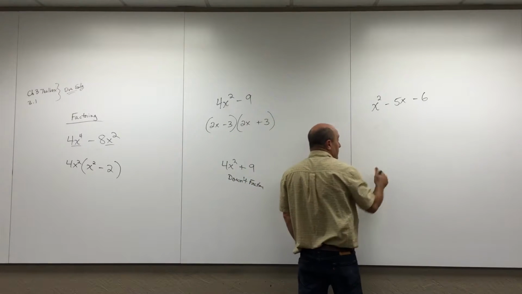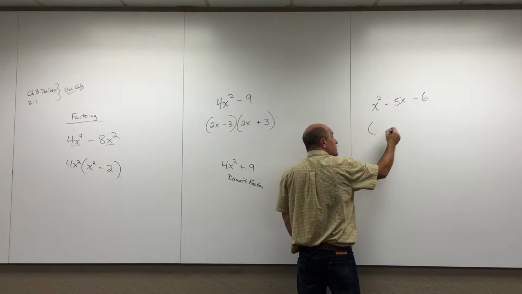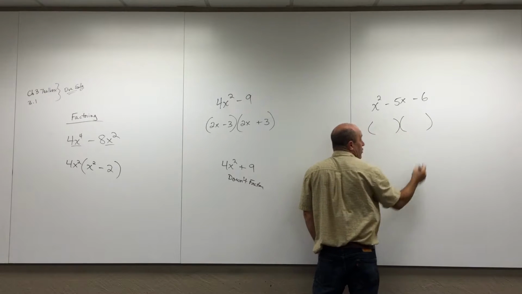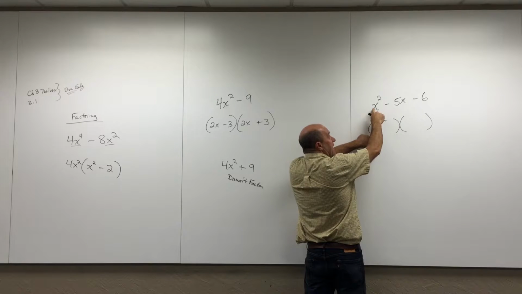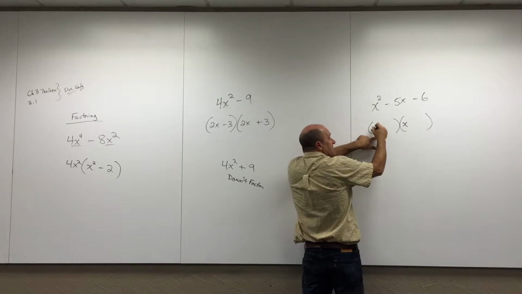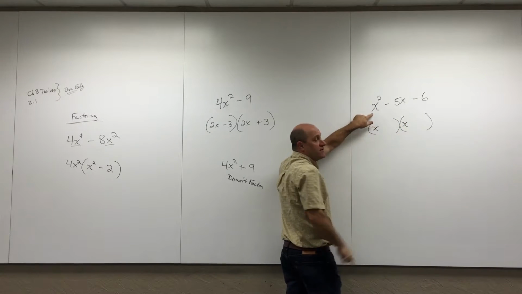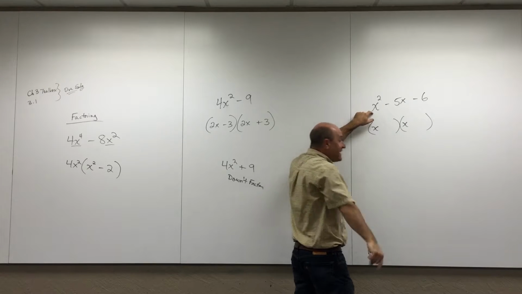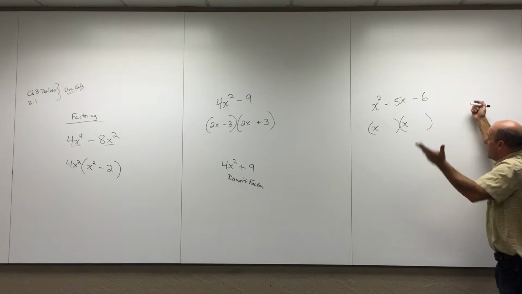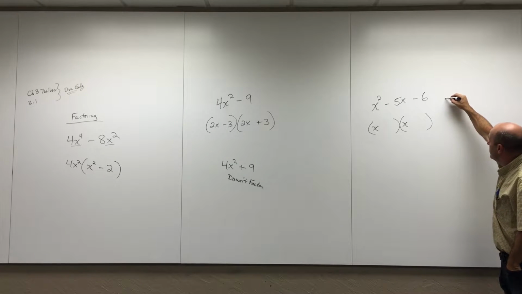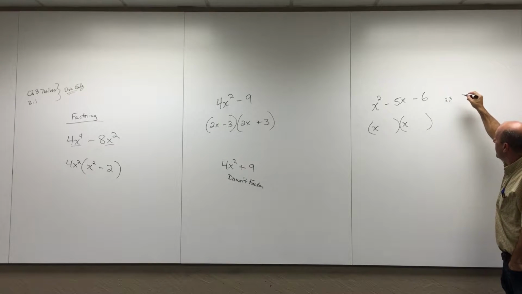But some of them do, and it factors into these two binomials. The first two terms have to multiply to be x squared. It's got to be x and x to multiply to be x squared. The last two terms have to multiply to be 6. What multiplies to be 6? 2 and 3. 6 and 1.